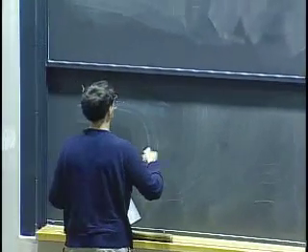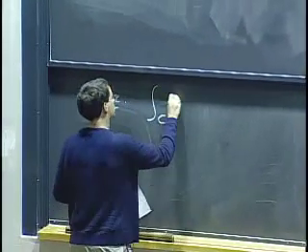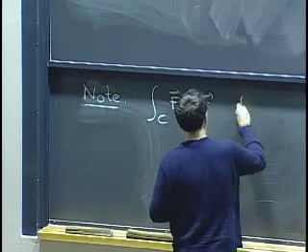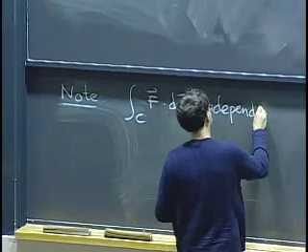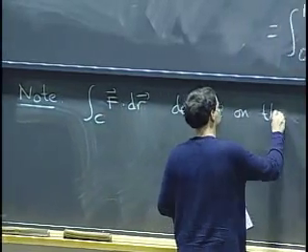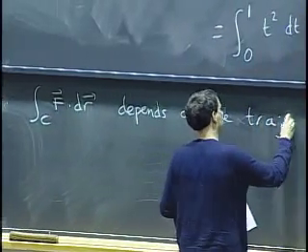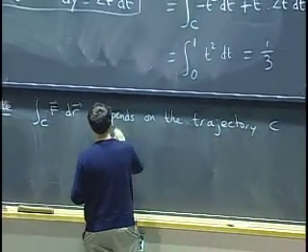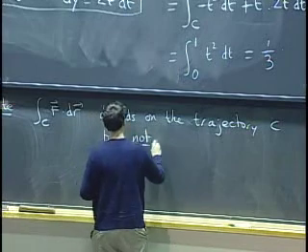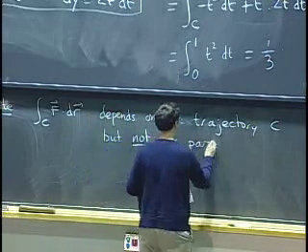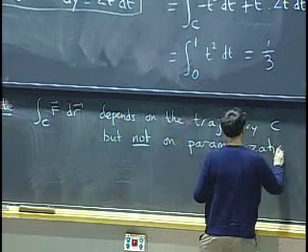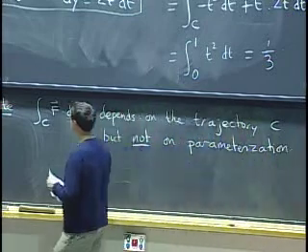The note that I want to make is that this line integral depends on the trajectory C, but not on the parameterization. Okay, so you can choose whichever variable you want.